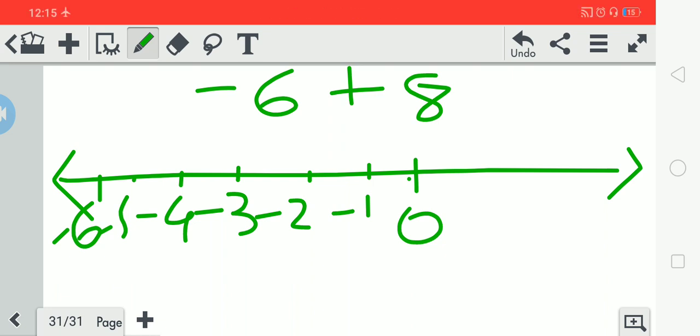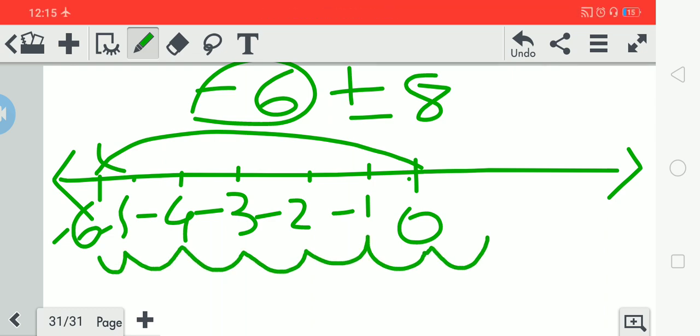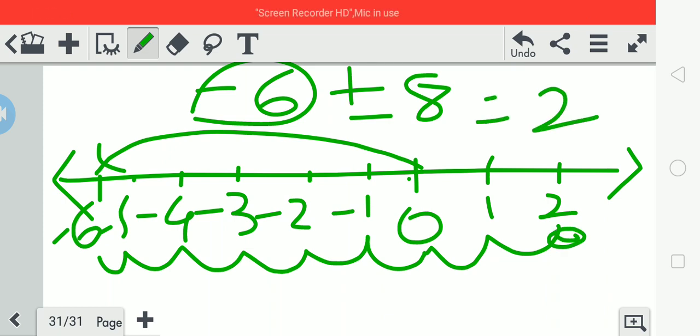So the first is minus 6; take a jump from 0 to minus 6 directly. Now it is plus 8. Plus means 8 moves to the right side: 1, 2, 3, 4, 5, 6, 7, 8. After 0, 1, 2. So you reach the position 2. So the answer of this question is 2. This way you can also solve number line addition questions.